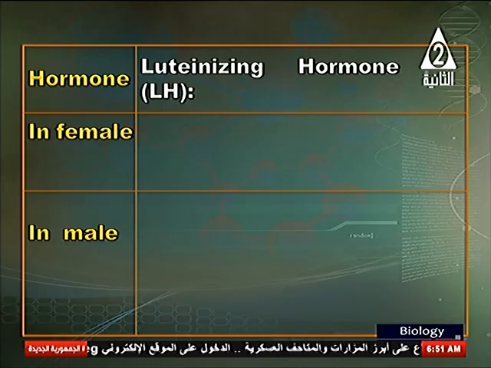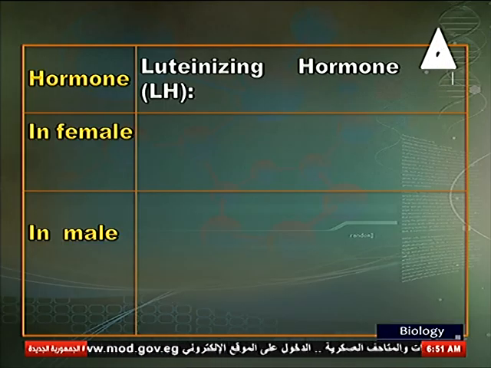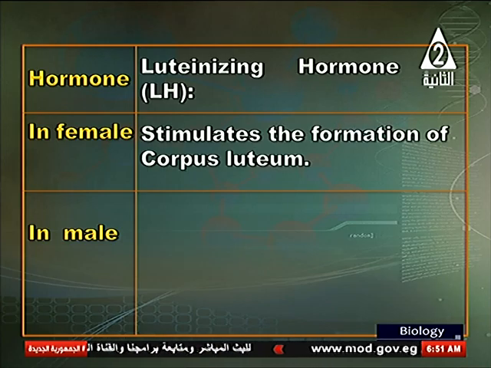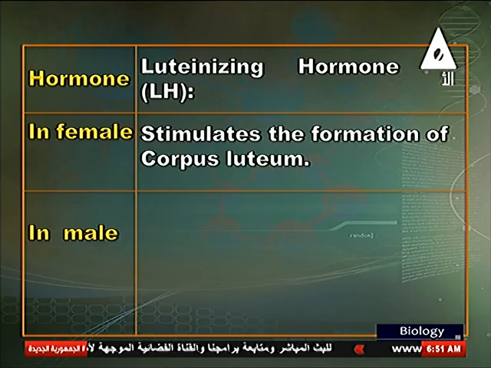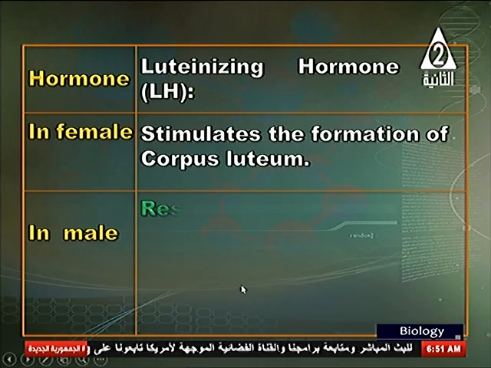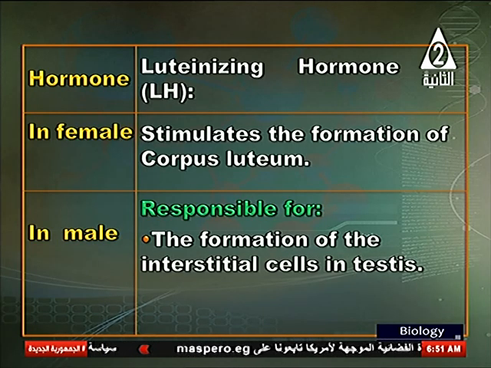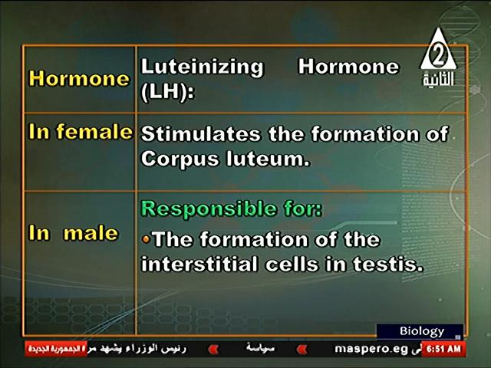Okay, now we will study the second gonadotropic hormone, which is luteinizing hormone, LH. In females, it stimulates the formation of the corpus luteum. In males, it is responsible for the formation of interstitial cells in the testes. It is very important, and you will study it in the reproduction chapter.